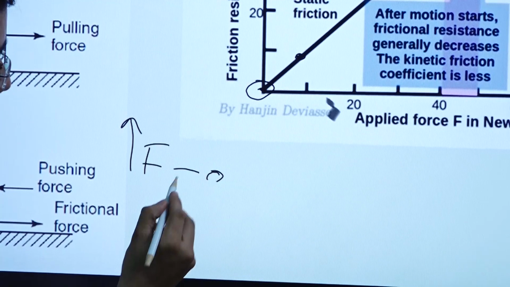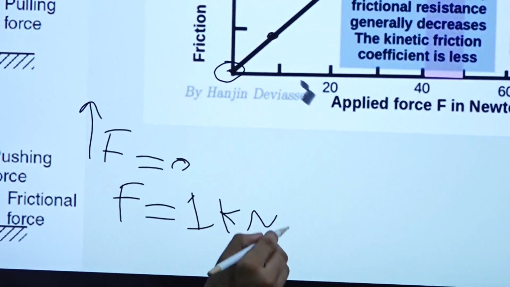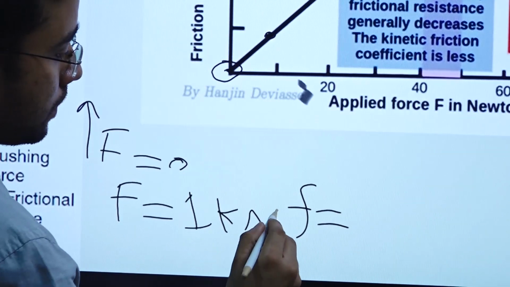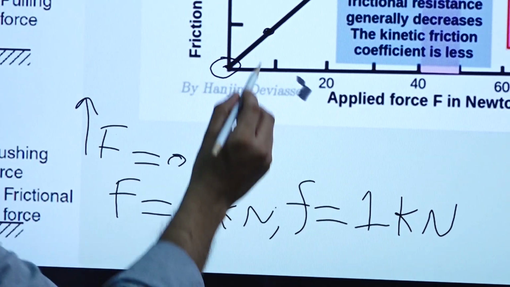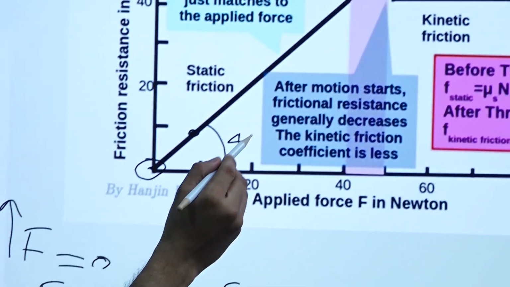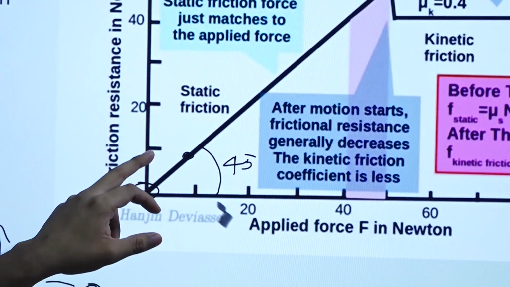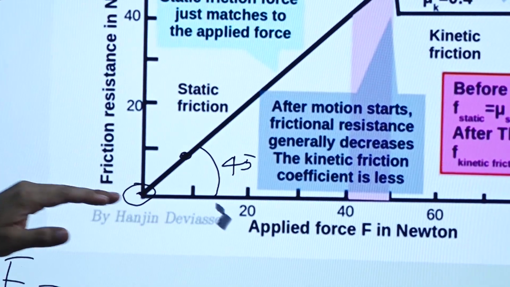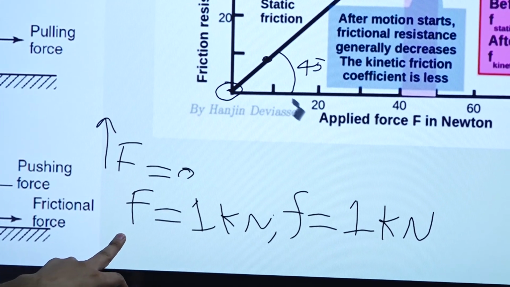So even if F is 1 kilonewton, the frictional resistance also will be equal to 1 kilonewton, right? So this angle here is 45 degrees. Whatever force you are applying before kinetic friction, the frictional force will be equal to the external applied force.